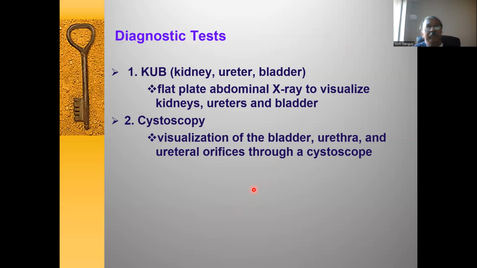Another very popular technique is cystoscopy. Cysto means urinary bladder, and scope is endoscopic visualization of the bladder through urethra and the ureteral orifice and some portion of the ureter as well, using a cystoscope. Cystoscopy is not a sterile procedure. As you know, any scope that is going through a natural orifice of the body cannot be sterile.